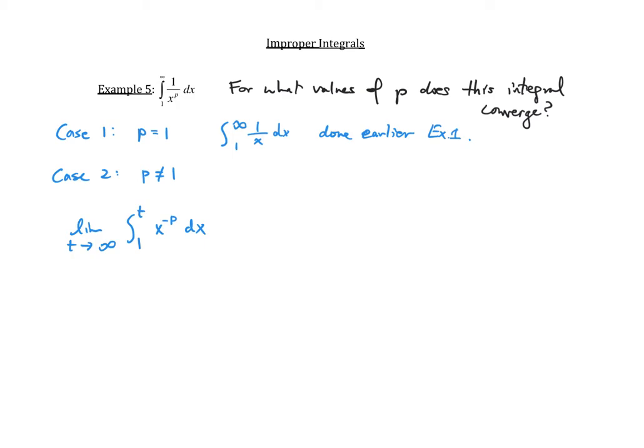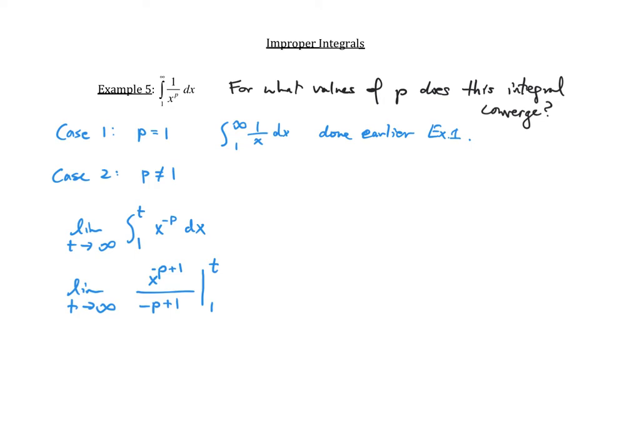All right. So let's calculate the antiderivative. The antiderivative is going to be x to the negative p plus 1 divided by negative p plus 1. And we're going to evaluate that as we go from 1 to t, and we're going to take the limit as t goes to infinity.